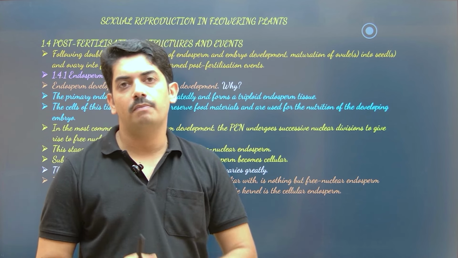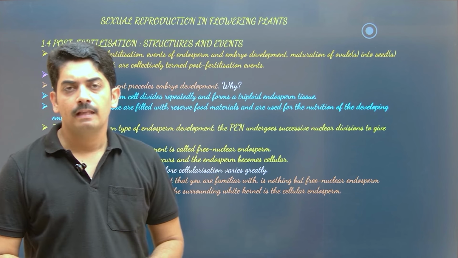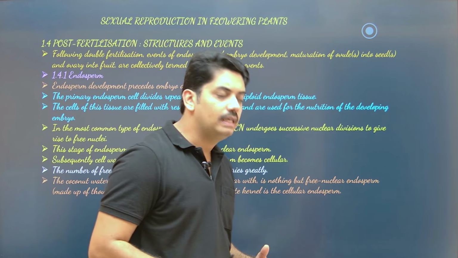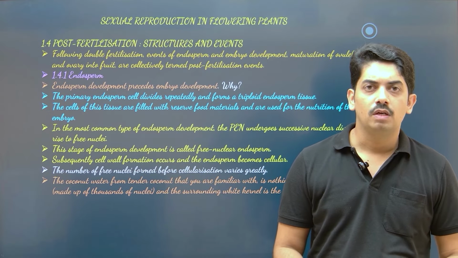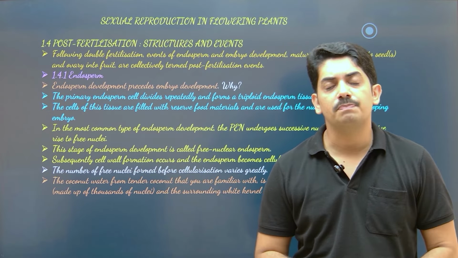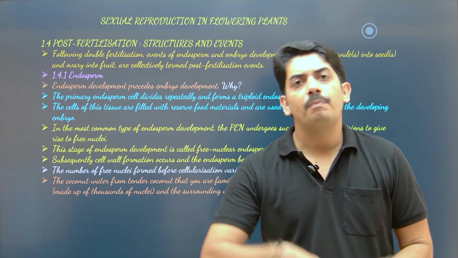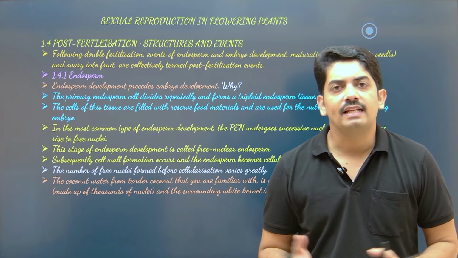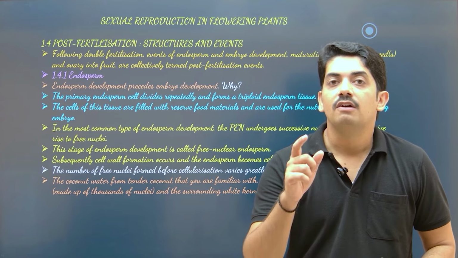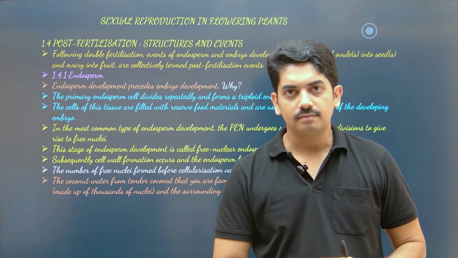Definitely endosperm formation takes place first. Now, whether this endosperm is retained in the seed or completely consumed, or which form of endosperm we commonly observe? Hope you have tasted a tender coconut. What is this tender coconut actually? It is the free nuclear endosperm.